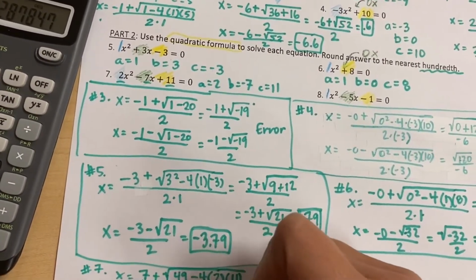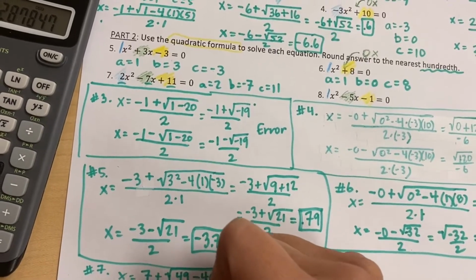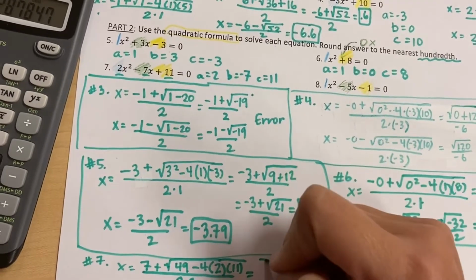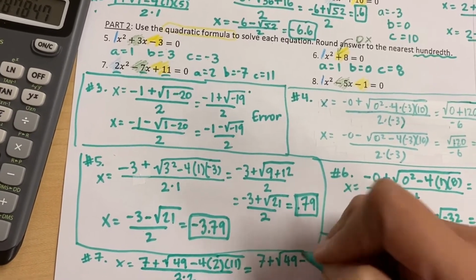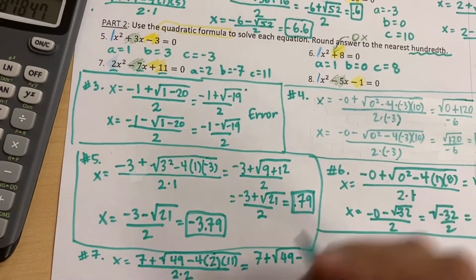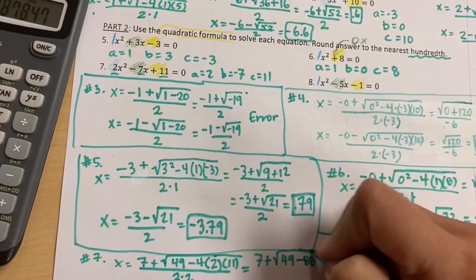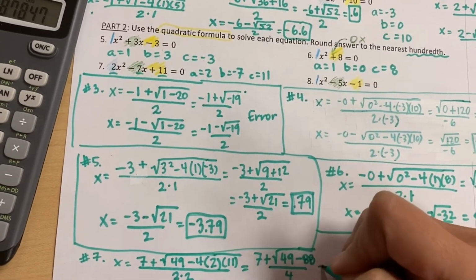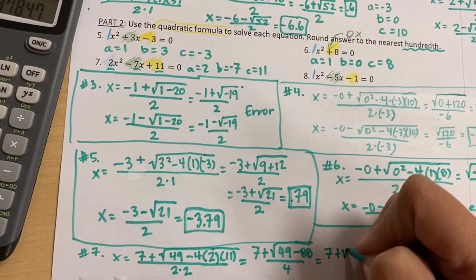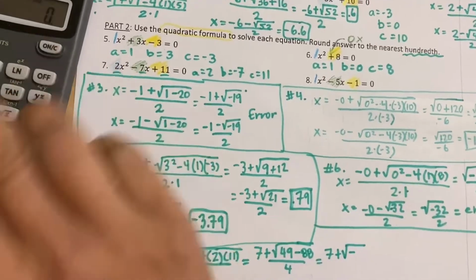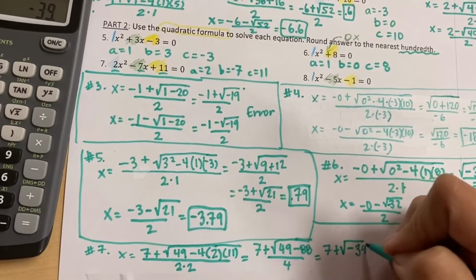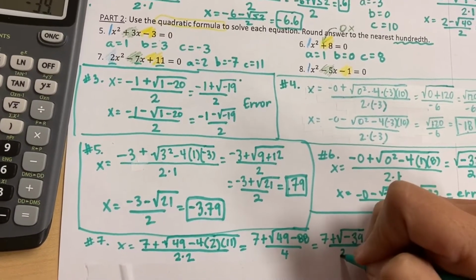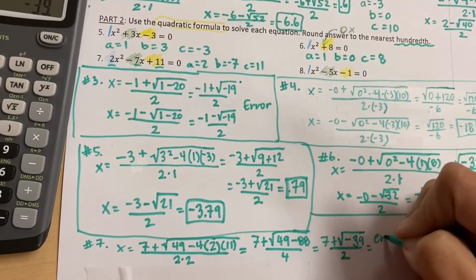All over 2 times A, and A is 2. So we get 7 plus the quantity 49 minus 4 times 22, that'd be 88, all over 4. 49, take away 88 is negative 39. So we get an error.